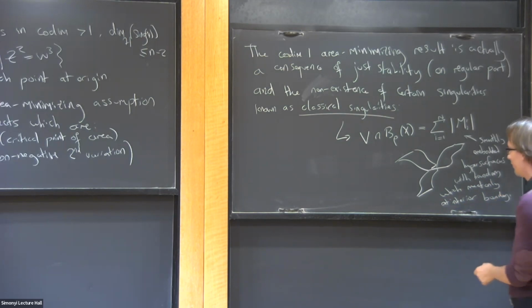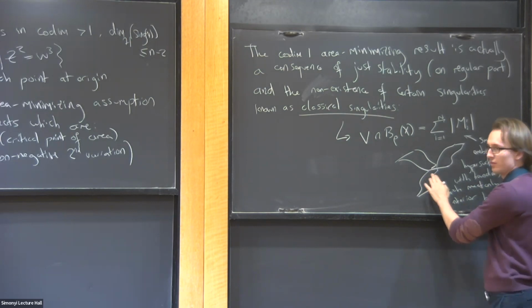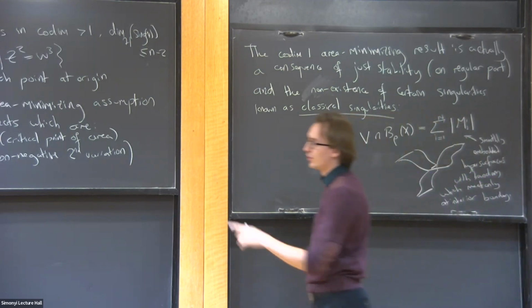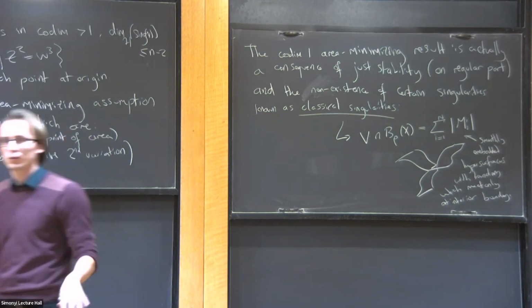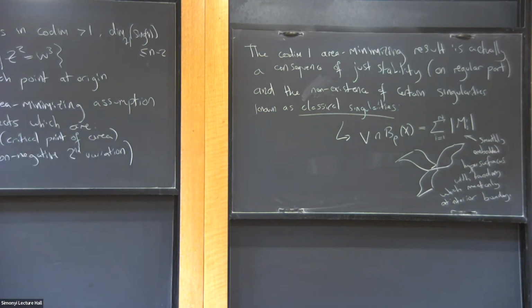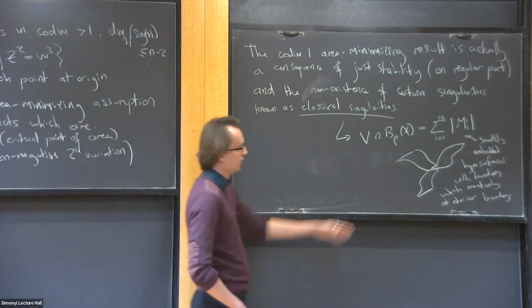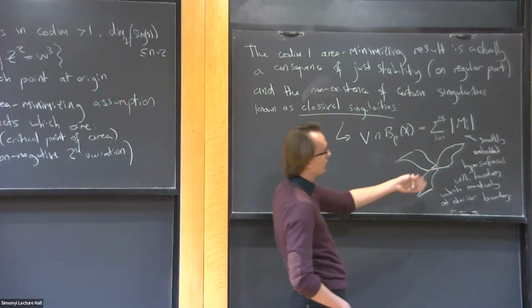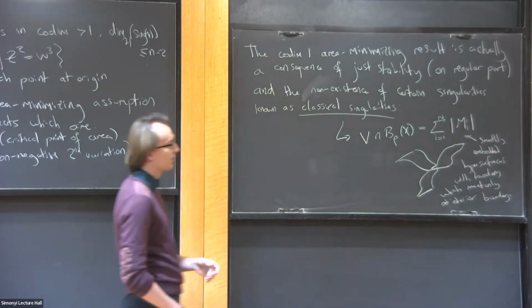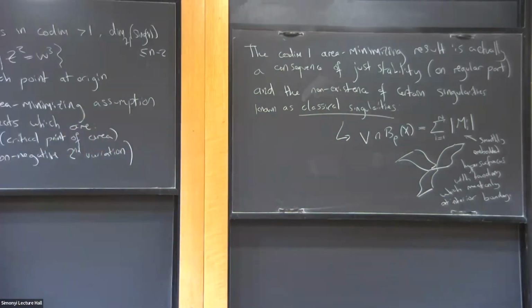If you don't have these singularities, which for area minimizers in codimension 1 is very easy to rule out, you can just take a tangent plane at the point. You'd have a union of half hyperplanes that meet along an axis, and it's very simple to do one-dimensional area comparison arguments to say that this can't happen.